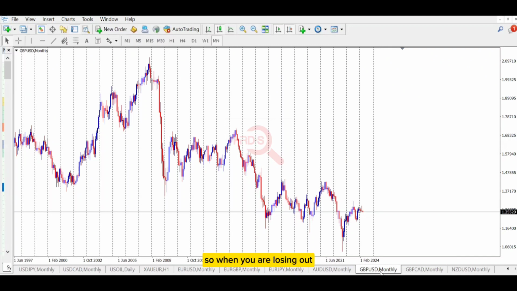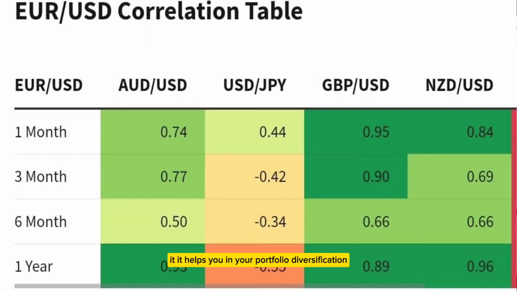So when you are losing out, you lose out in all of the pairs. So if you must trade 1, 2, 3 pairs, you must trade those pairs that have a positive or negative relationship to one another. So it helps you in your portfolio diversification.